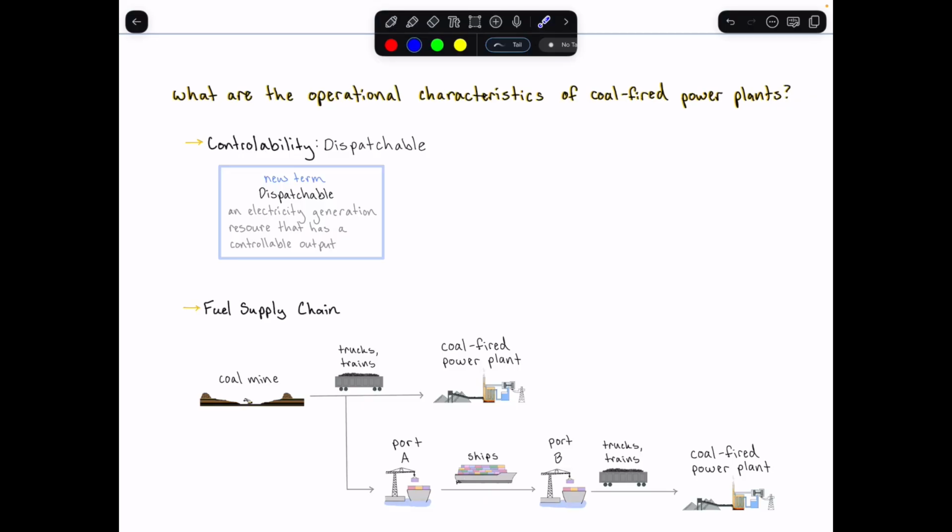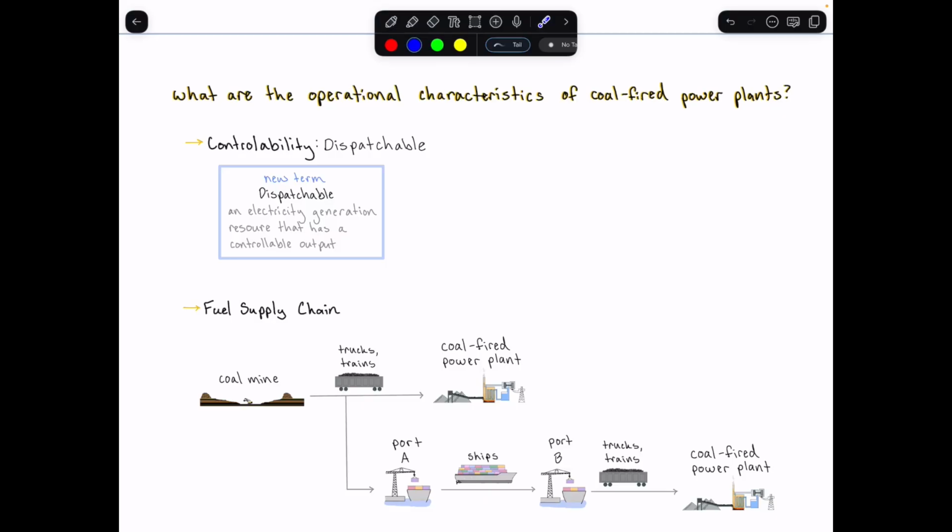For example, Australia is a country that mines a lot of coal, and they actually export a lot of coal. But Australia itself is surrounded by water. So the coal has to be transported by means other than trucks and trains. One example is that Australia actually exports a lot of coal to India.